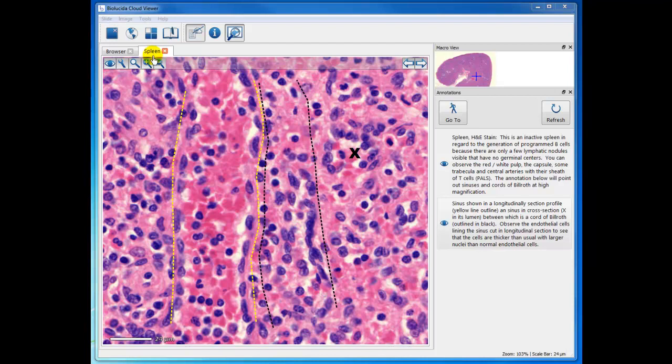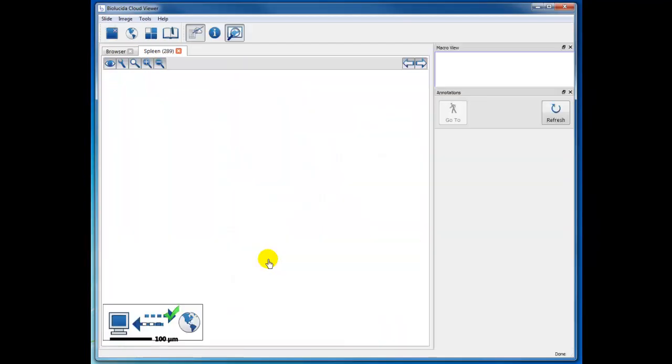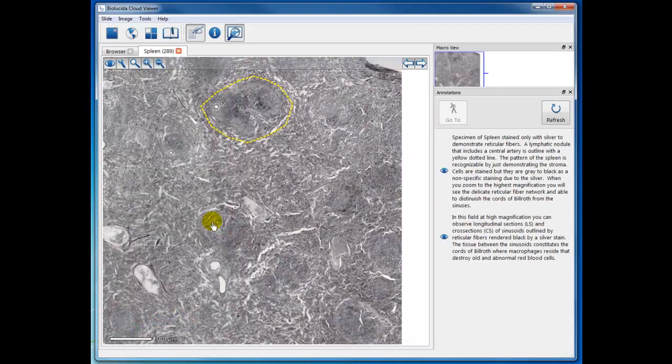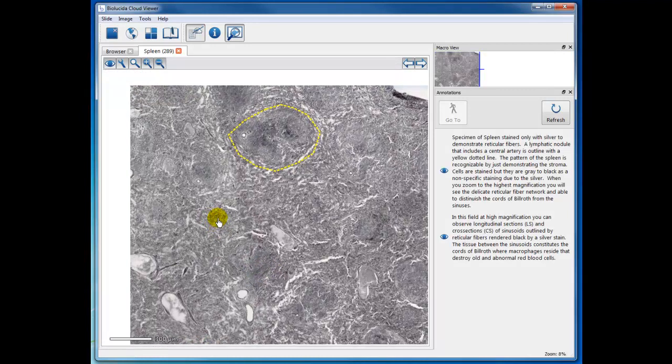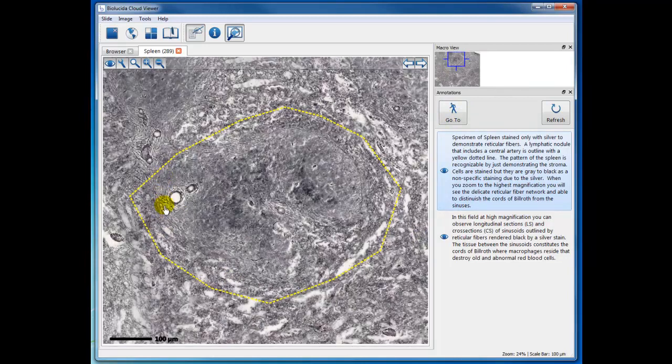So let's take a look at the next specimen, which is stained with silver. I'm not going to spend a lot of time on this specimen, but if I zoom in on the red pulp, you can see the outline of the sinusoids and the network of reticular fibers in the cords of Billroth. Now, here I've shown you a central artery and a large nodule, which has a germinal center in it.